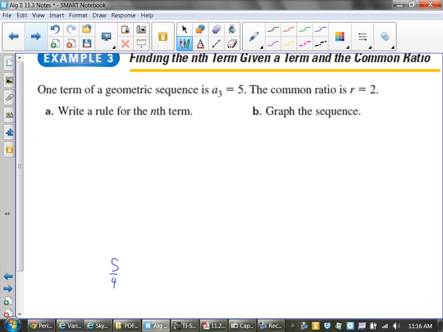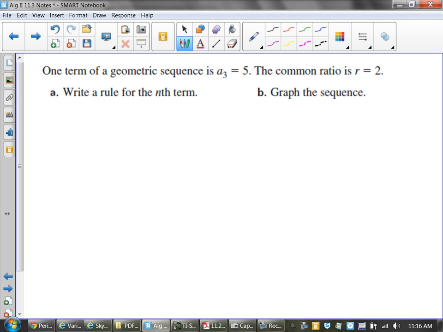When you start working with these things a little bit backwards, you know that the third term is 5, and the common ratio is 2. And it wants you to write out the rule. So just like we did yesterday, we start by writing out the equation. a sub n is first term times ratio to the n minus 1.